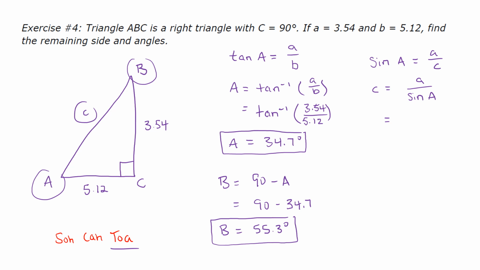So the side of A I know is 3.54, and the angle measurement A is 34.7. So C, when I plug this all into my calculator, will be this long decimal value.